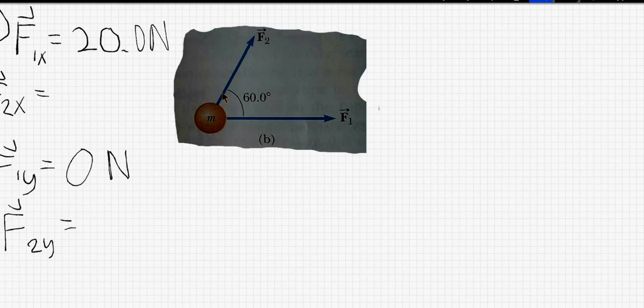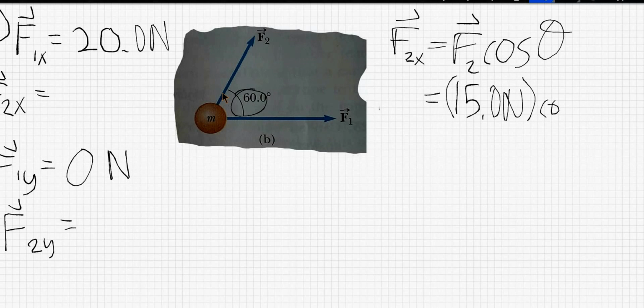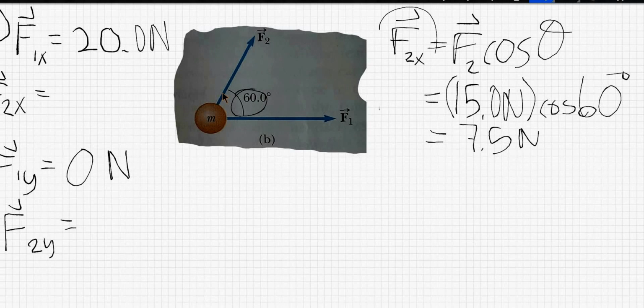And then for force 2, since this angle is 60 degrees, we know that force 2x will equal force 2 cosine theta, and theta here is 60 degrees. They give us the value of force 2, which is 15 newtons. So 15 newtons times cosine 60 degrees gives us 7.5 newtons, and that's the x component of force 2.